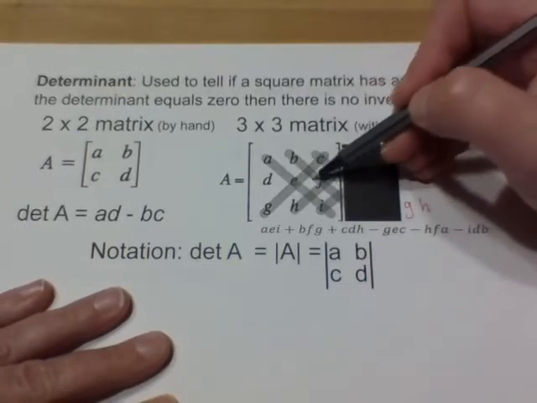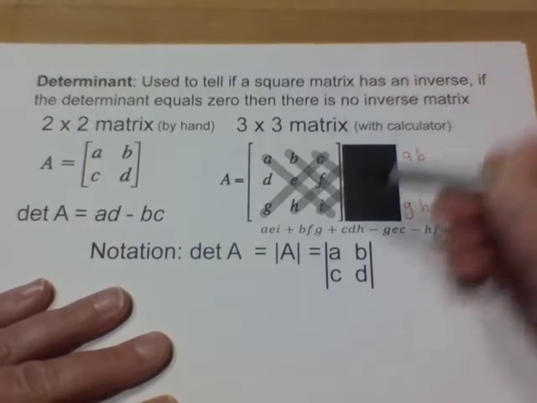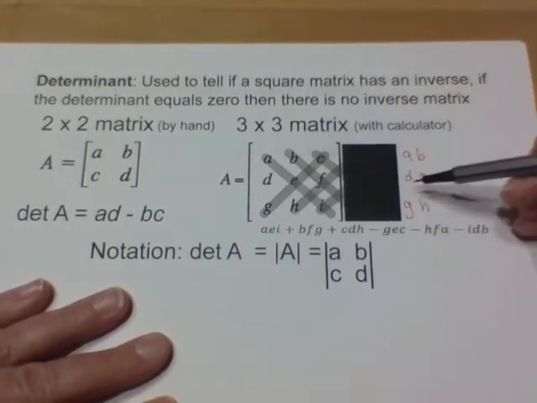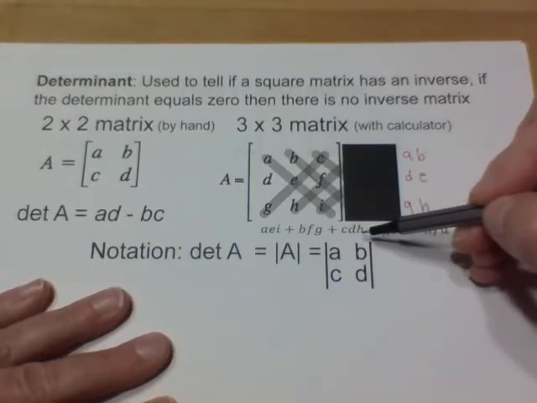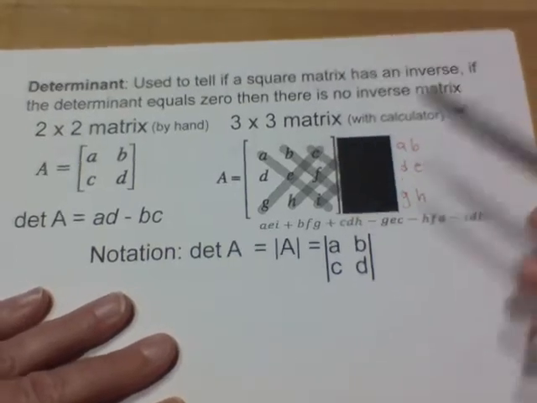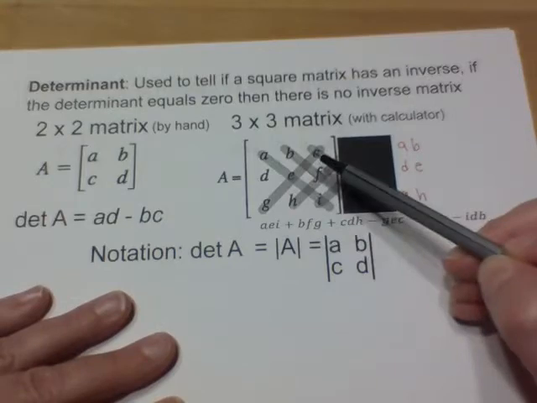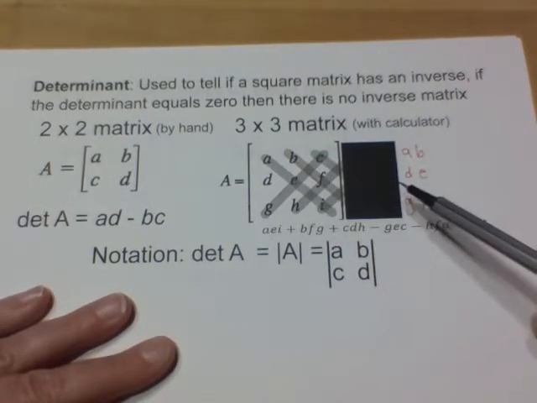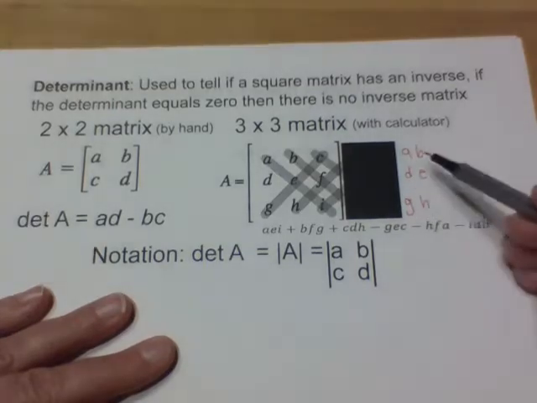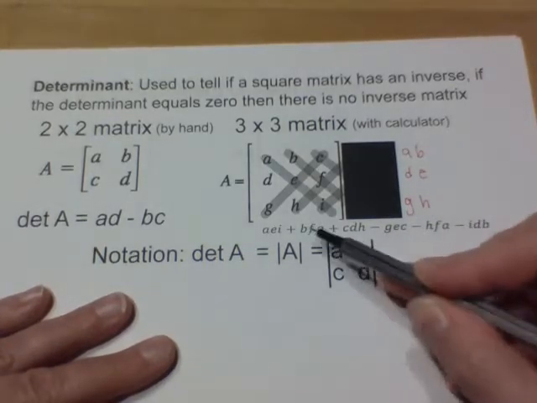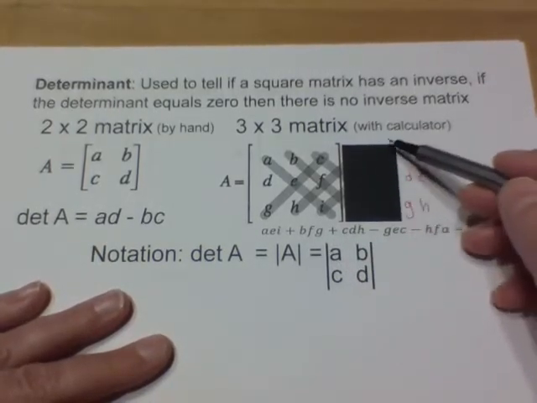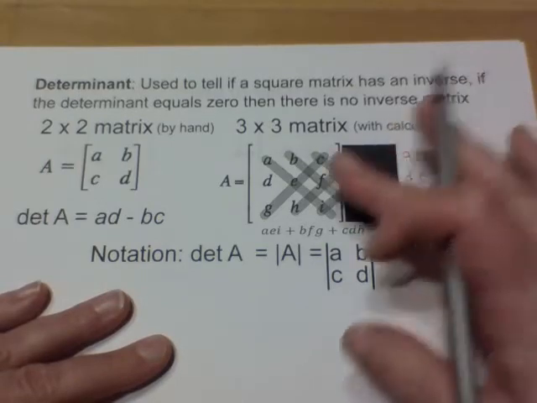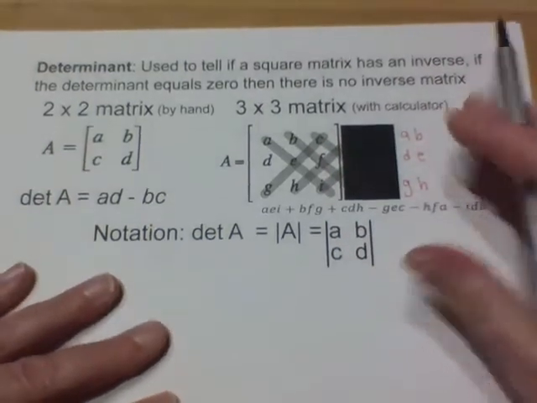And so it would be BFG, which is right here, and then CDH, which is right here. And then again, the other diagonals are GEC, HFA, and IBD. And of course, that's written down here. So this was just a thing that was supposed to be able to move out of the way, but clearly it's on paper. So, all right.